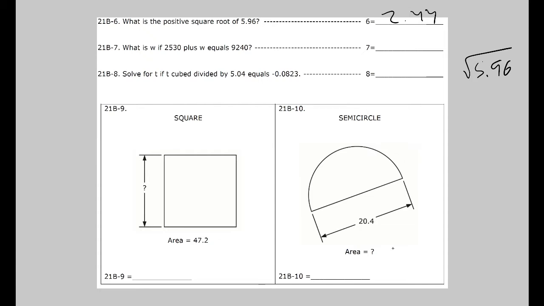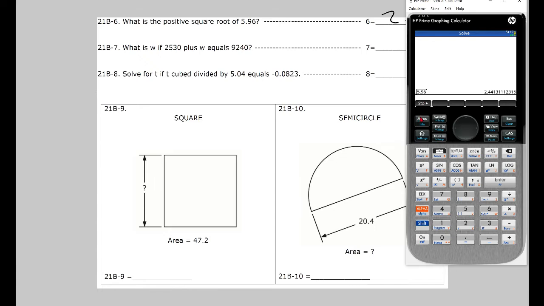For 7, what is W if 2530 plus W equals 9240? Now there's a couple ways to do this. The first way would be to throw it into the solver and do something like 2530 plus W equals 9240, and solving for W, giving a guess of 5 in the solver, your answer would be 6,710.